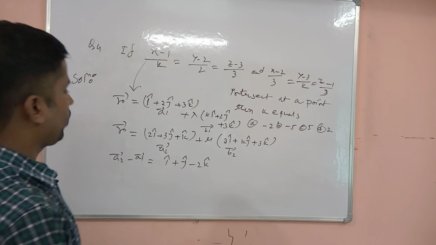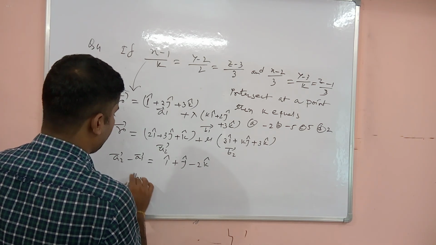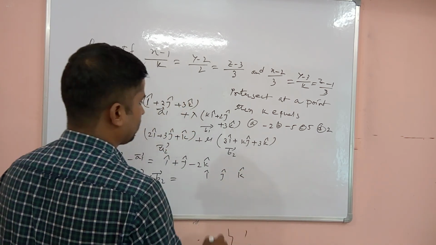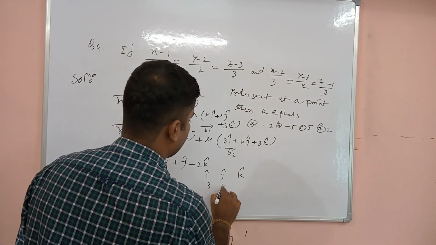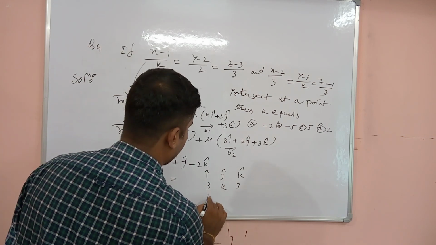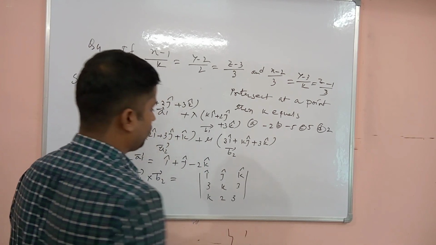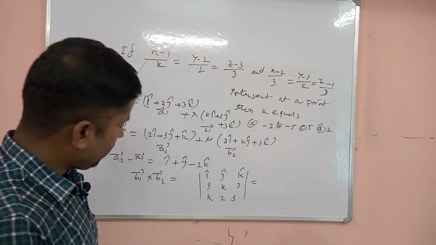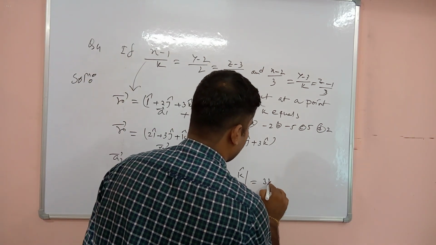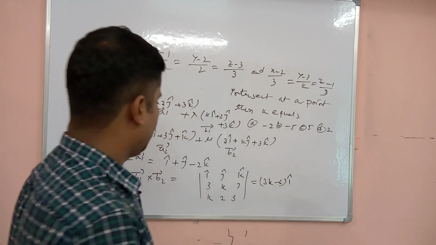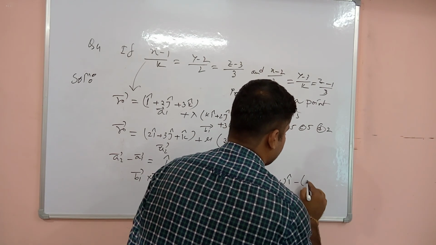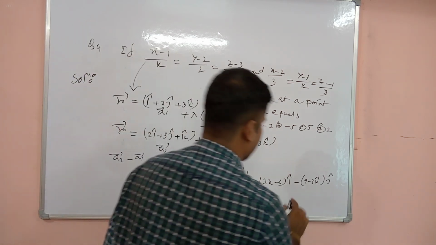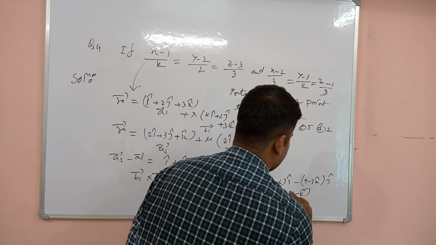And b1 cross b2 is the determinant with rows i j k, k 2 3, and 3 k 3. The simplest way would be like (3k minus 6) i cap, minus (9 minus 3k) j, and (6 minus k square) k.